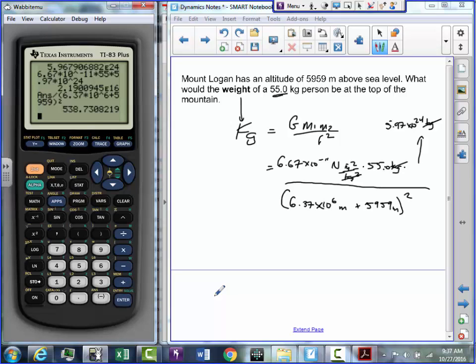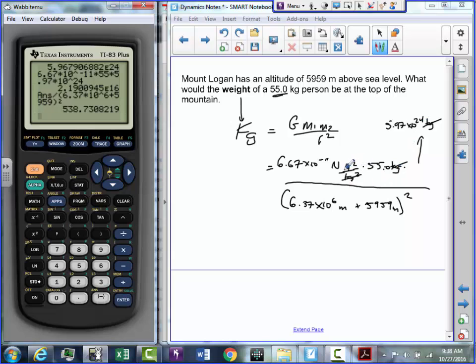Let me know if you don't get this. You guys able to calculate that? Okay, what units are left? So you have already canceled out your kilograms.